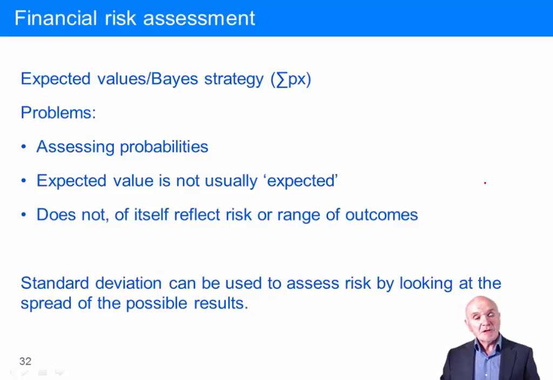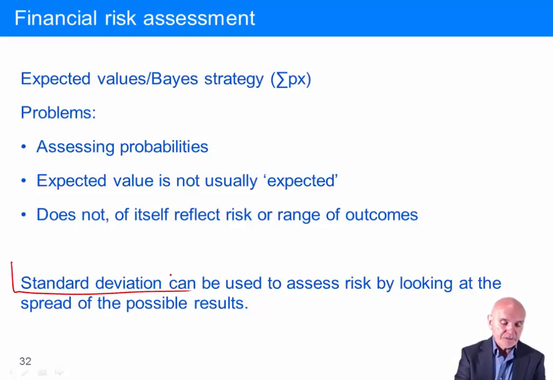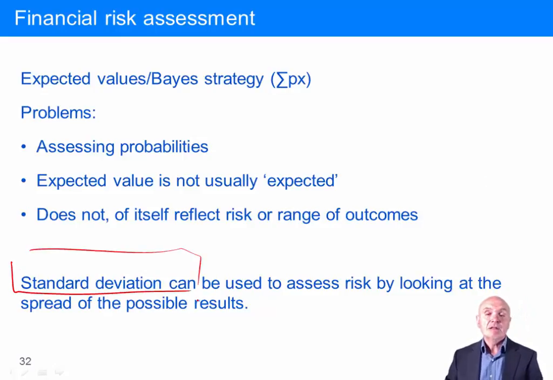If we're going to be capturing the risk, we have to take into account in some way the spread: the good, the bad, how likely are they, how far apart are they, how dangerous are they, and so on. And this is where something called the standard deviation can come in, in suitable circumstances.